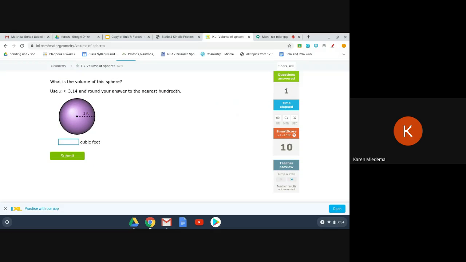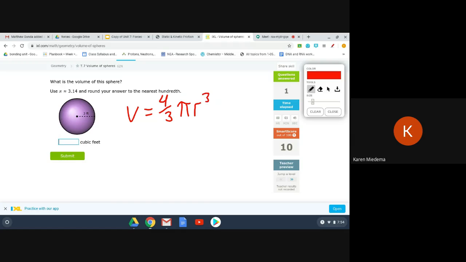Okay, so here's another example. What is the volume of this sphere? Again, volume equals 4/3 pi r cubed. We see that for this problem, the radius is 3.